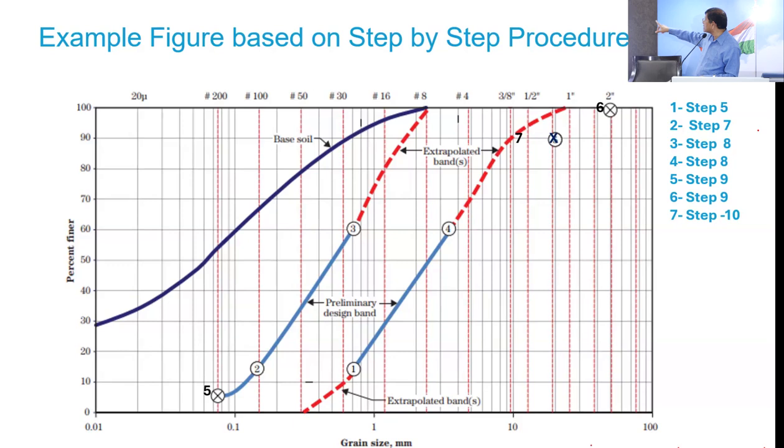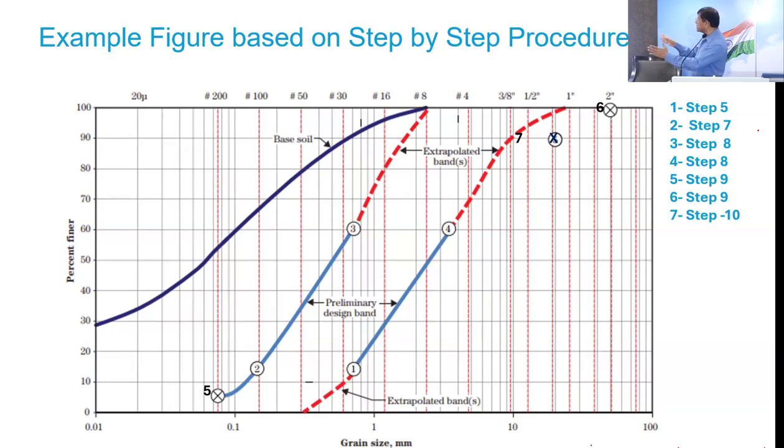You can see that number 1 point is coming from step 5, number 2 point is coming from step 7, number 3 is coming from step 8, number 4 also from step 8, number 5 is coming from step 9, number 6 also from step 9, and number 7 is coming from step 10.